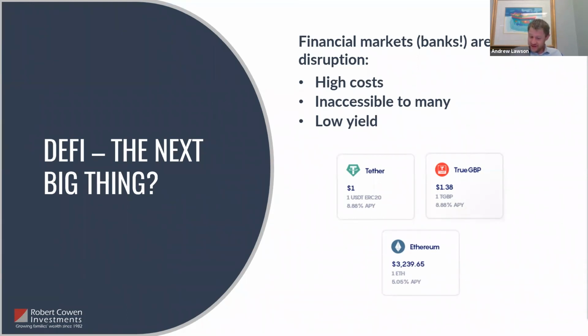In the DeFi world, or the decentralized finance world, it's all maths, it's all algorithms, and the products are evolving at an incredibly rapid pace. So you are able to borrow very easily against the crypto asset that you have.